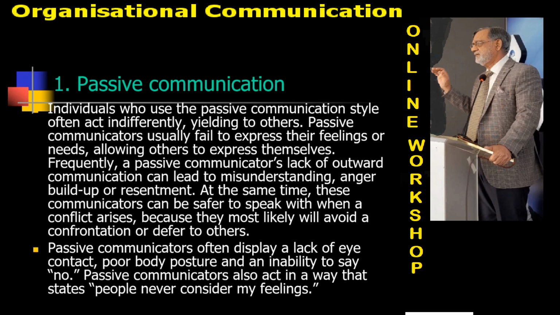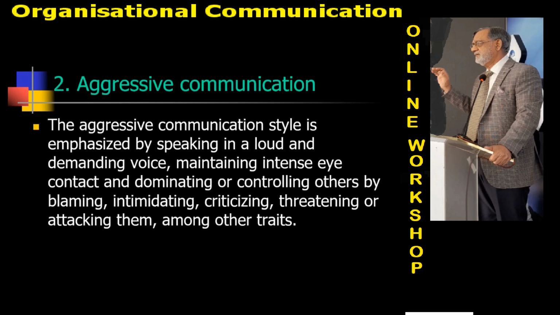Then second type is aggressive communication. Aggressive communication style is emphasizing by speaking in a loud or demanding voice, maintaining intense eye contact, seeing somebody eye to eye, with a fiery sort of frowning, or raising the volume or tone in a manner that shows that somebody is unhappy, somebody doesn't like what is going on.